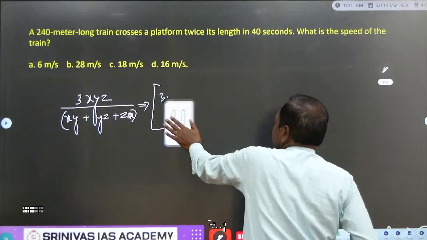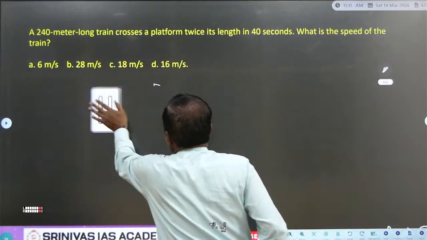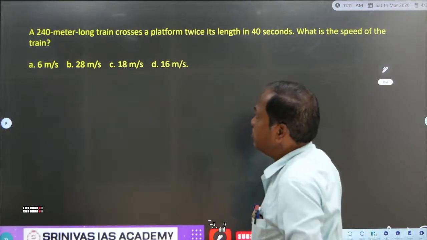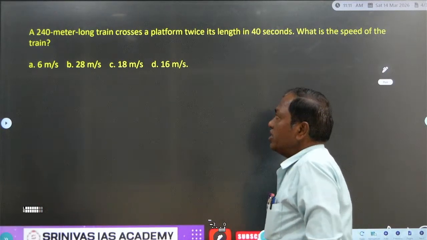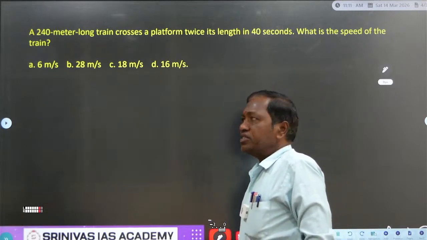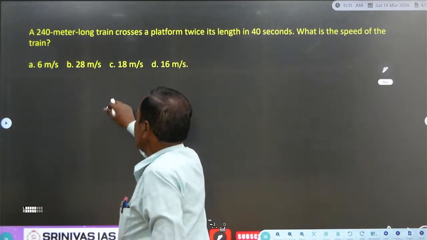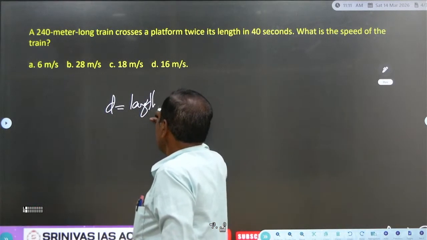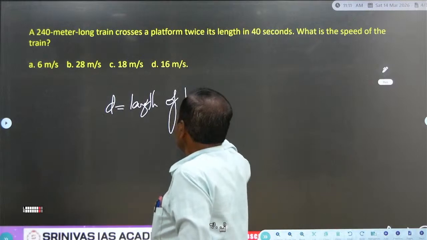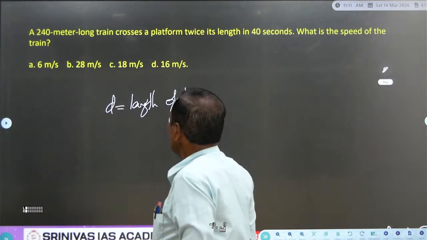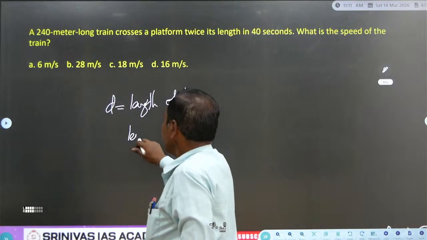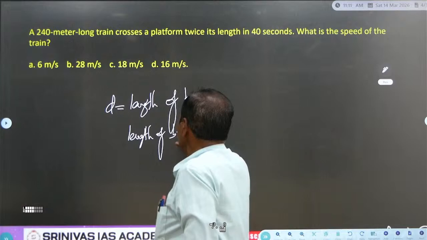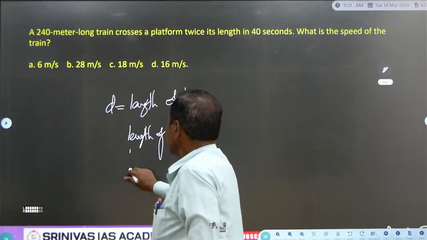So relative speed, the basic input is conversion of kilometers per hour to meters per second, and from meters per second to kilometers per hour. Now here, distance is considered as the length of the train. Length of train can also be considered along with the length of the bridge, or length of the tunnel.